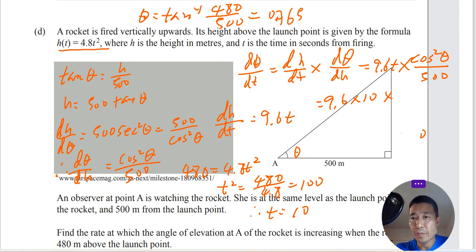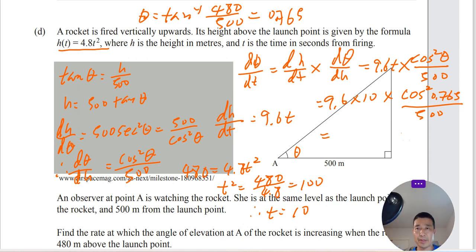So I'm going to say, because theta is 0.765, so cos(0.765) squared, okay? That's what you have to write this way, over 500. On your calculator, you have to go cos 0.765 first, and then you square that number, okay? So all you have to do is plug them in.